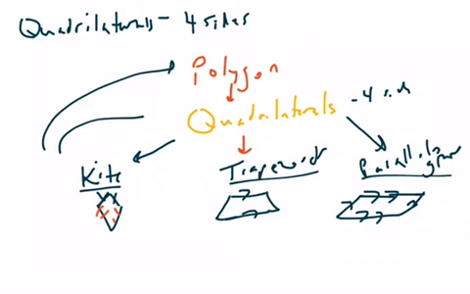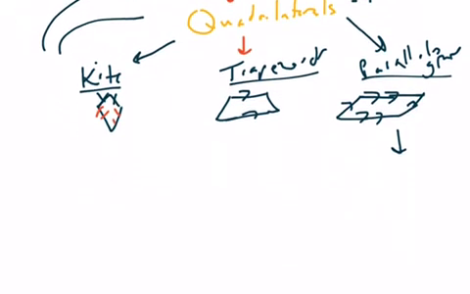Now under parallelograms, let me swipe this up. Under parallelograms, you can have a rectangle over here, and you can have a rhombus over here. Now under the parallelogram, it means they still have 2 sets of parallel sides. So both of these have 2 sets of parallel sides, which I'm notating there.